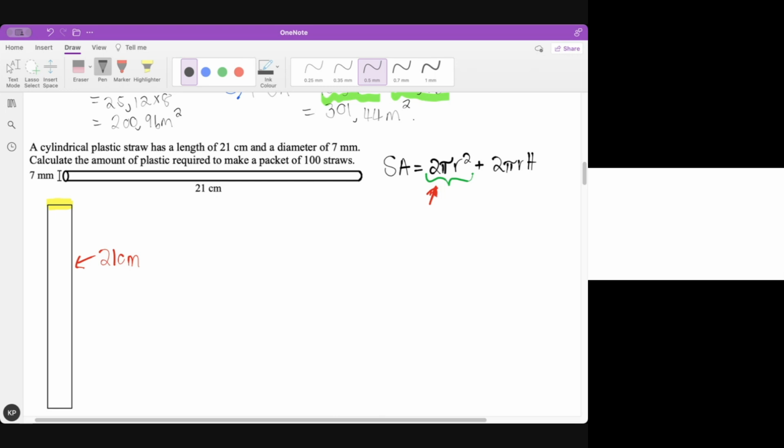No. You need to work out the circumference. Okay. Now, the 7 millimeters is your diameter. Do we guys agree? Radius. Okay. So what's my radius of this little circle? Wandile, what do you mean?